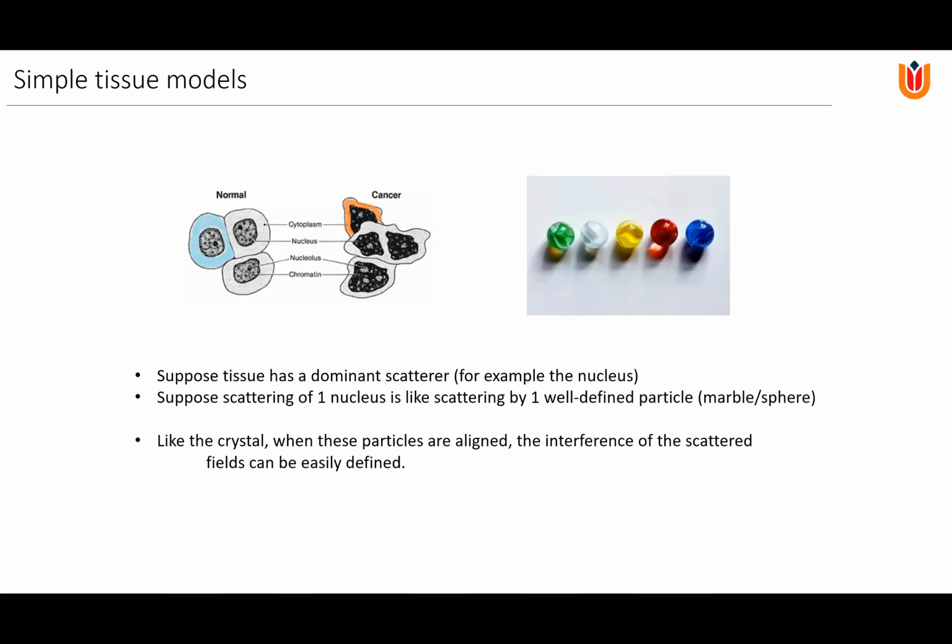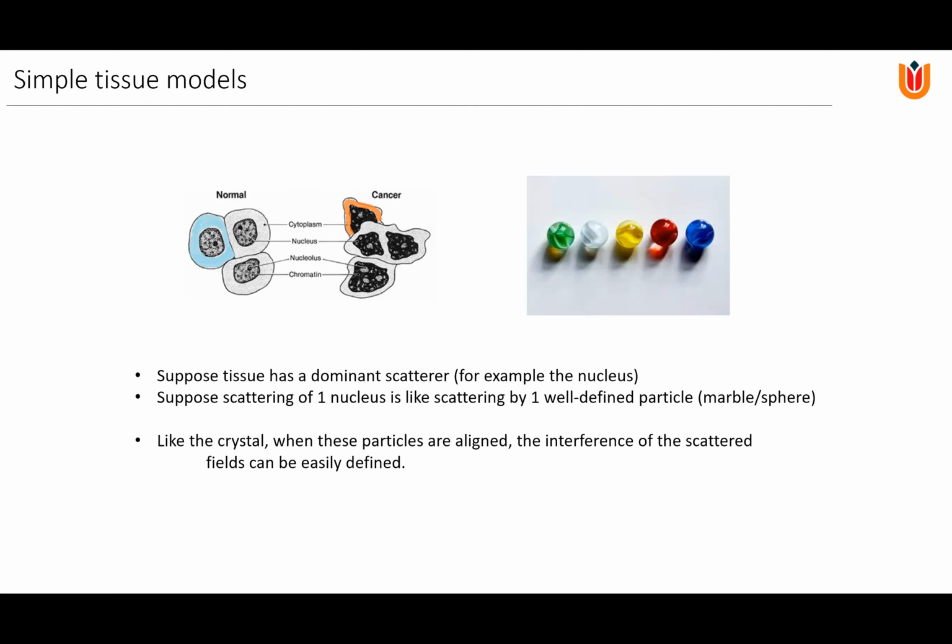Okay, the step to tissue modeling is a little bit on top, of course, because what we're going to be assuming in this case, if you want to model tissue in such a way, is that we rationalize it by saying, suppose tissue has a dominant scatterer, which can be the nucleus, a large scatterer, or mitochondria, which are smaller.